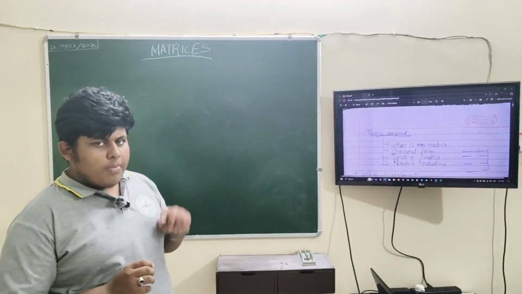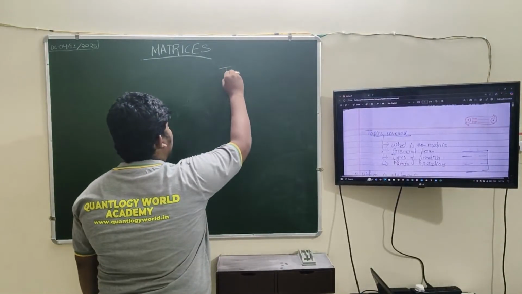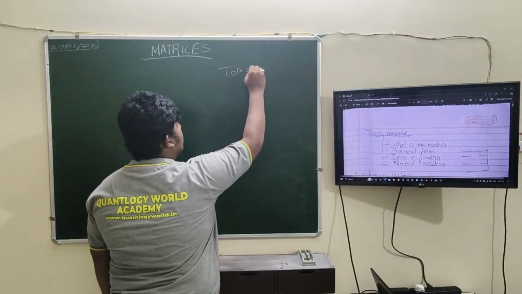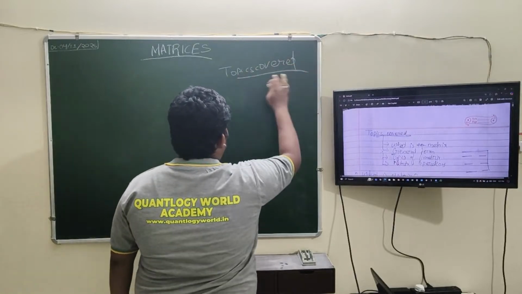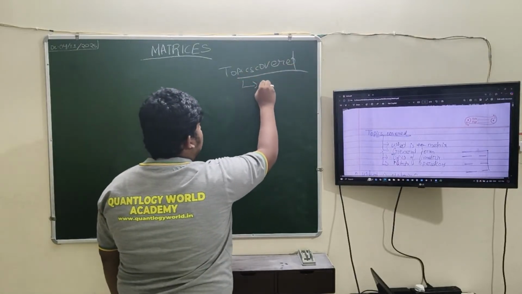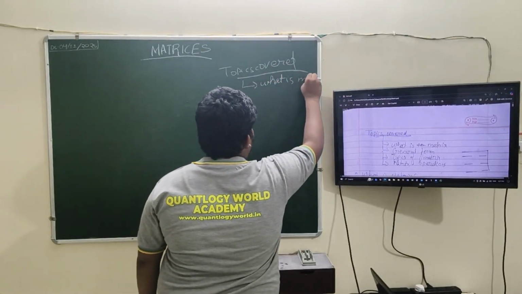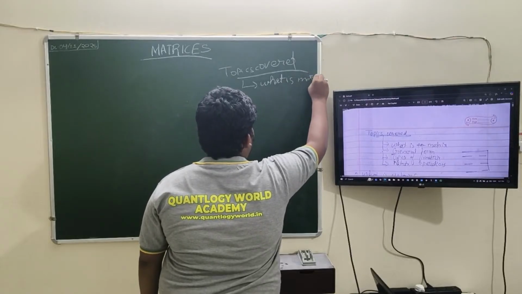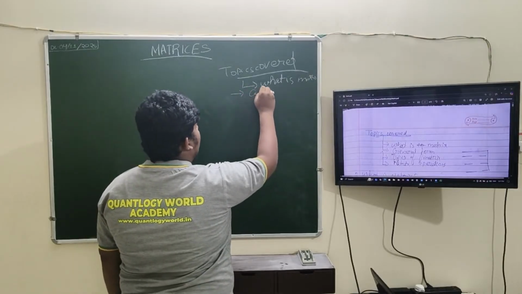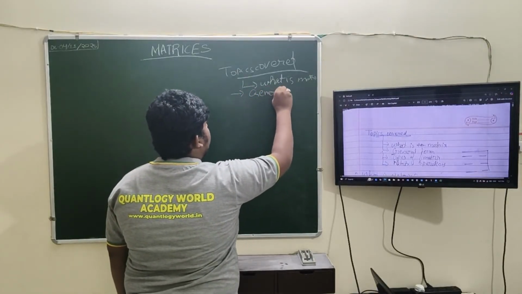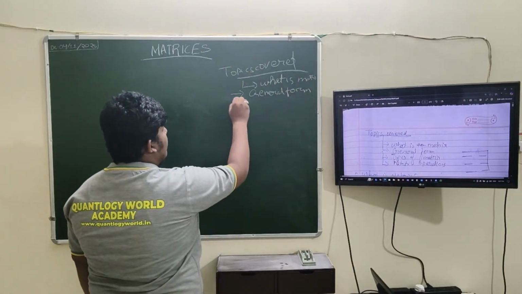First, we will see what are the topics we will cover in this chapter. The first topic we will cover is what is matrix. The second topic is general form of matrix.